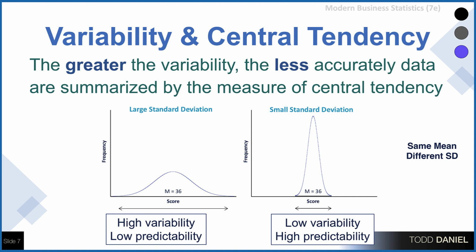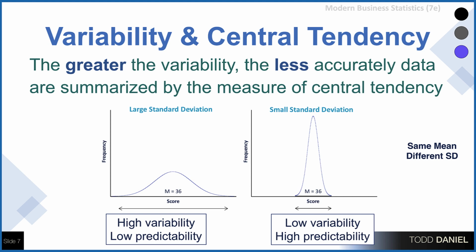On the left, we have a large standard deviation. What you see is that these scores have high variability, and therefore, if you were to pick a score at random from this distribution, it may be like the other scores, it may be quite different. We have low predictability when we have high variability.